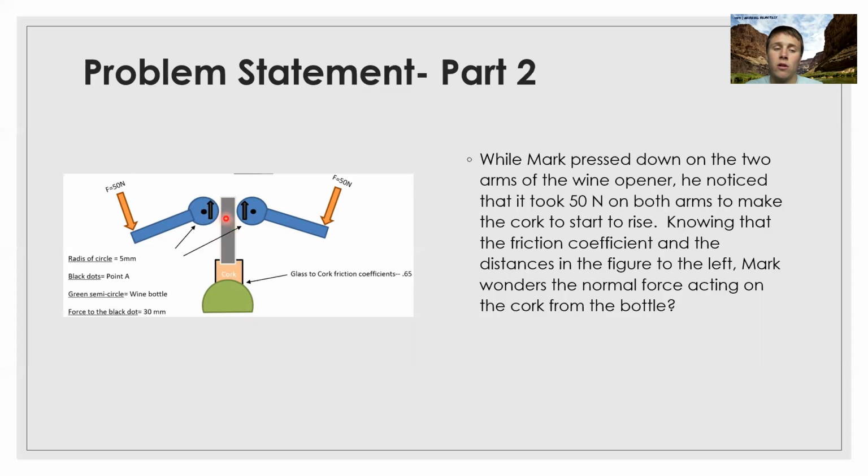This gray rectangle represents the corkscrew again, and the corkscrew is now in the cork. And given that the friction coefficient is 0.65 between the cork and the bottle, we need to find the force of friction between the cork and the bottle.